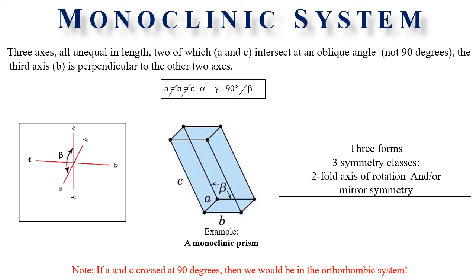The C axis is vertical, the B axis or ortho axis is at right angles to the C axis. The axis inclined to the plane containing C and B axis is the A axis, and the A axis in the monoclinic system is known as clinoaxis. So, in the monoclinic system we have clinoaxis, that is the A axis, and we have orthoaxis, that is the B axis.